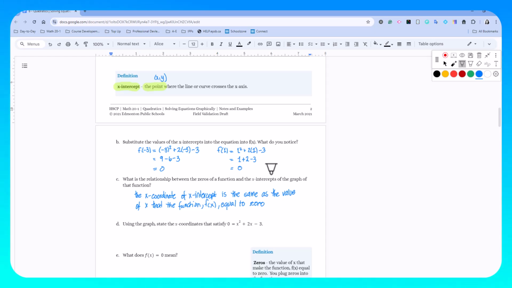Then it says using the graph in part D, state the x-coordinates that satisfy this function. Okay, what are they? Well, we know that if x equals 1 and x equals -3, then 0 equals x squared plus 2x minus 3 is true, meaning if we substitute these in, it will make the statement true.